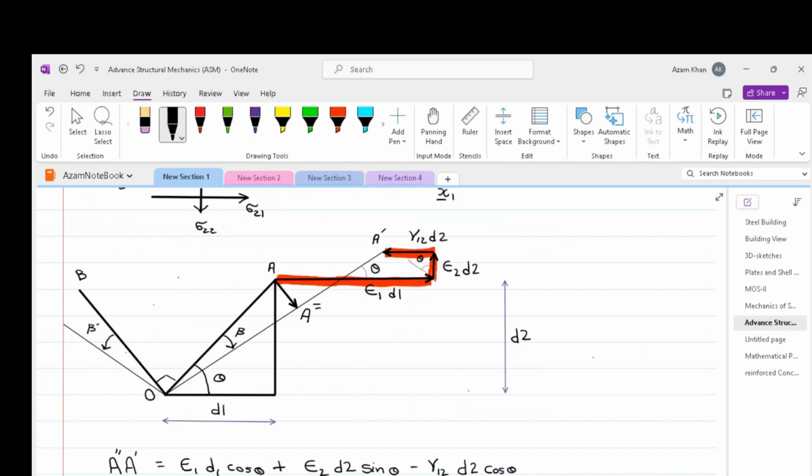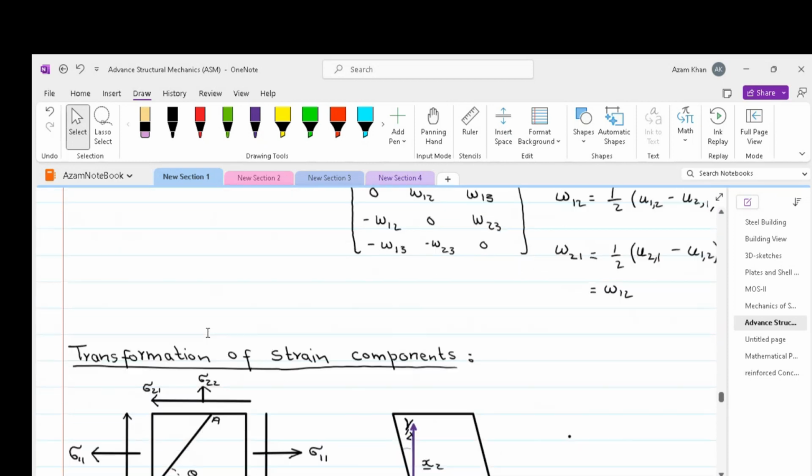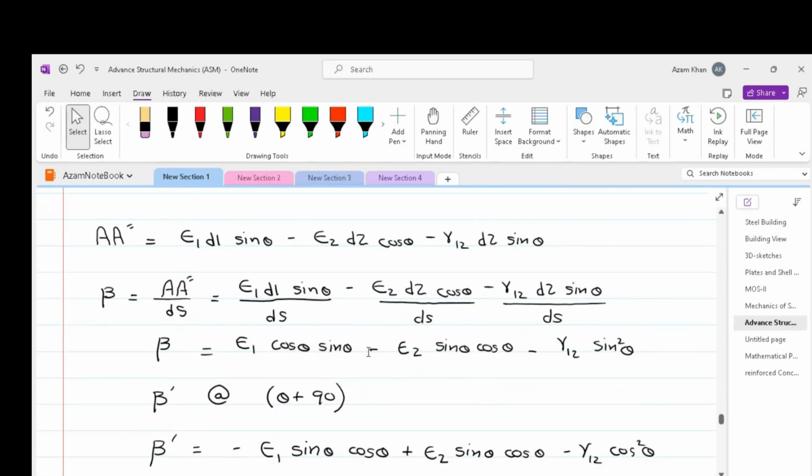As we know, the total change in the right angle between OA and its normal OB defines the shear strain for an element that is located theta from the x1, x2 axis. That is why we have to work out our angular deviation for OB, which is at theta plus 90 degrees.